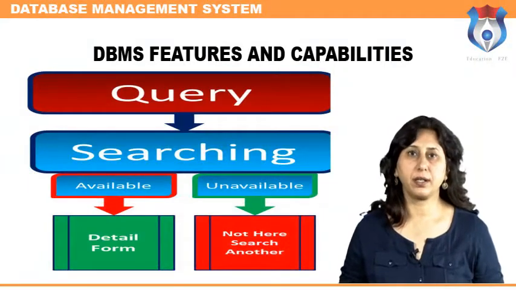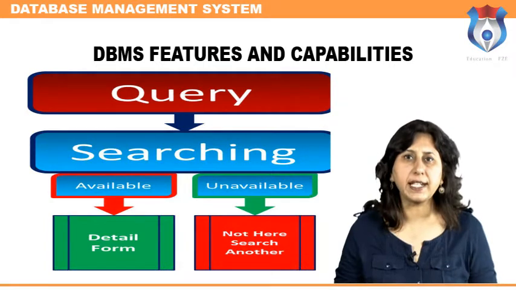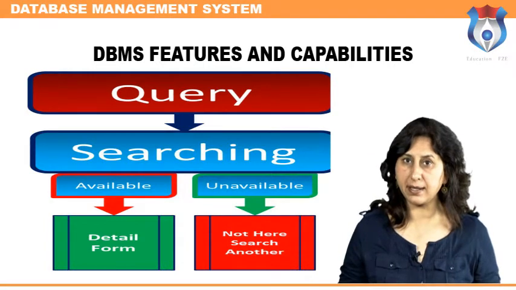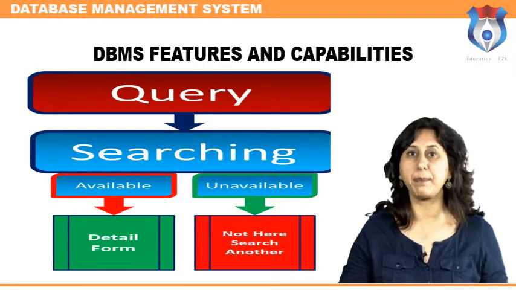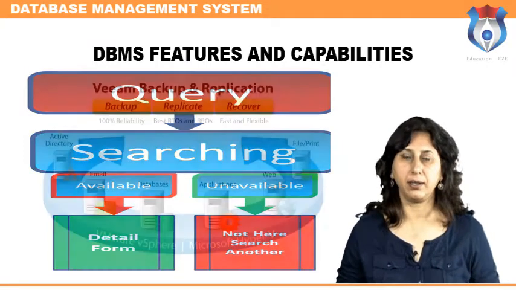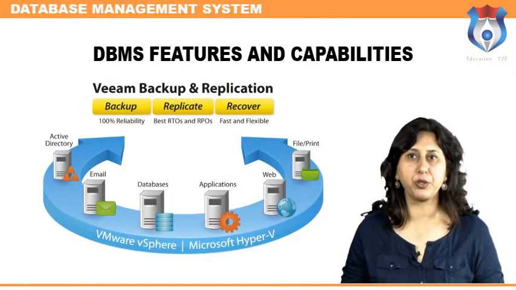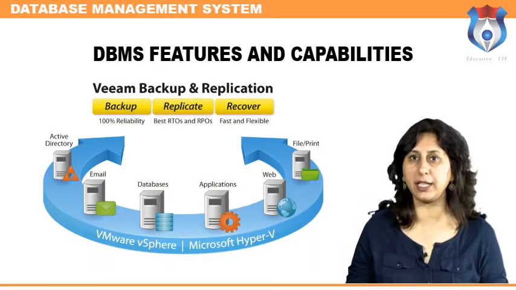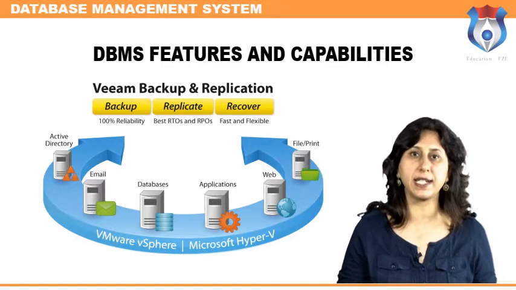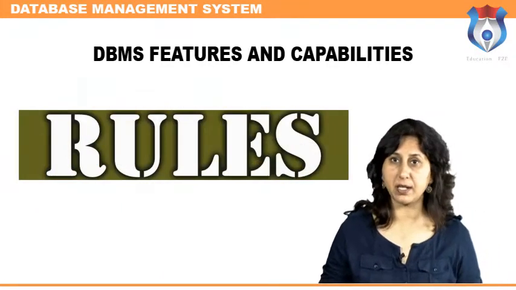DBMS features, queryability. It allows users to interactively interrogate the database, analyze its data, and update it according to the user's privileges on data. Backup and replication. Copies of attributes need to be made regularly in case primary disks or other equipment fails. Rule enforcement.